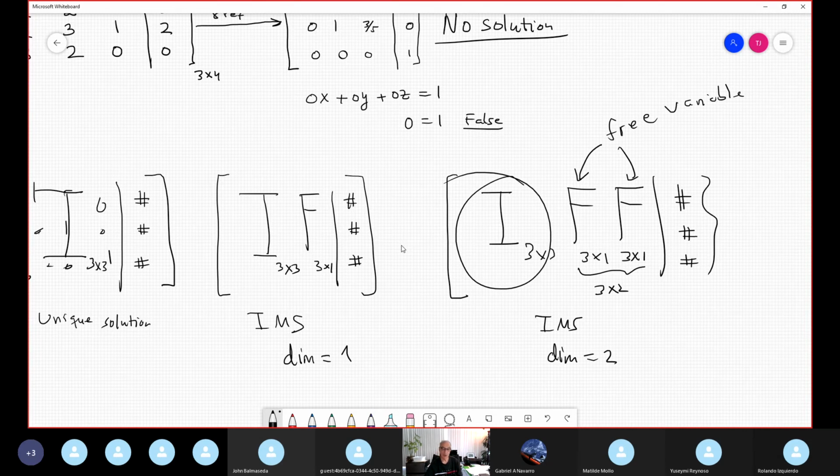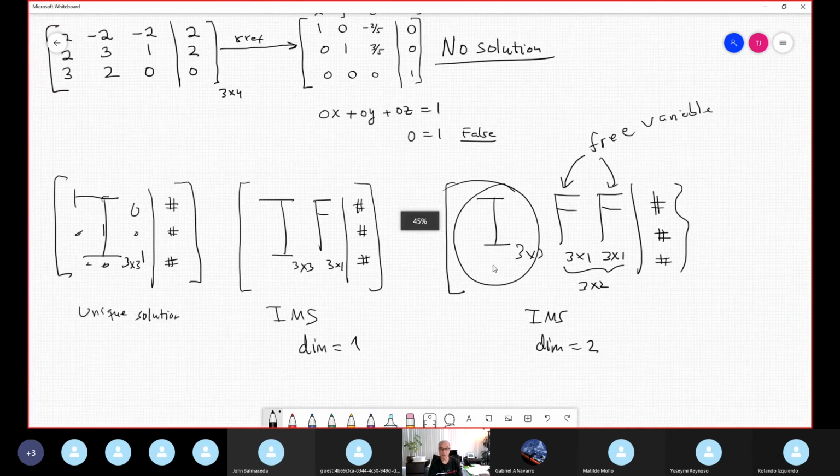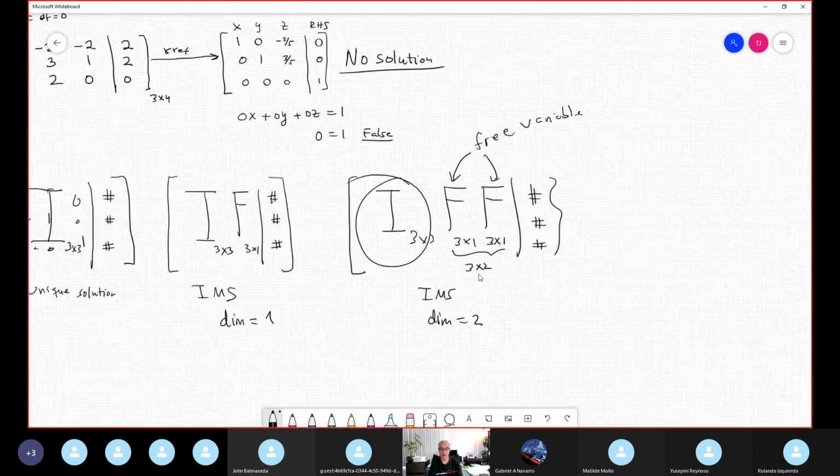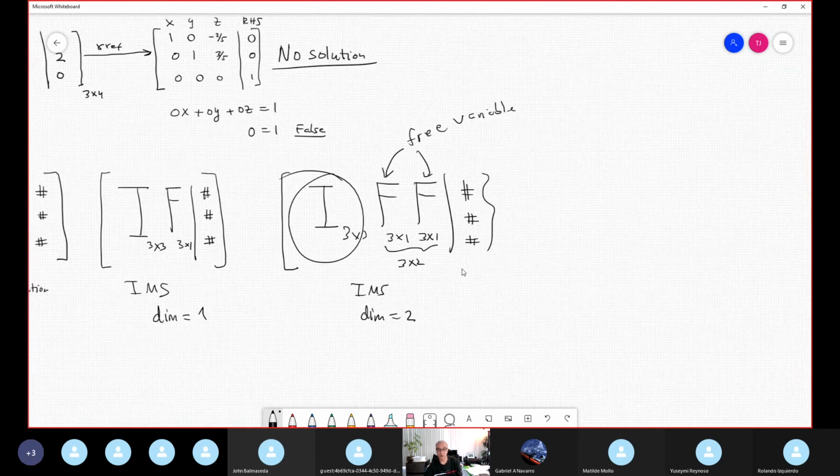And the last scenario is that when you are doing reduced row echelon, the last equation is 0, 0, 0, 0, and one number here, 20.